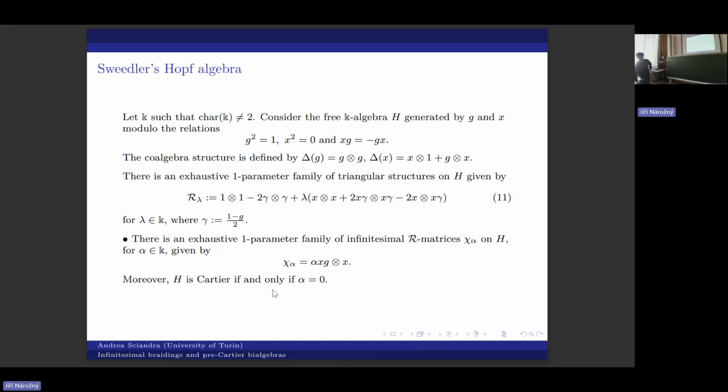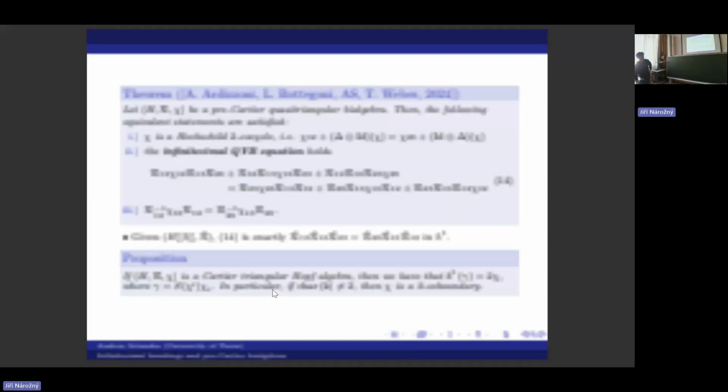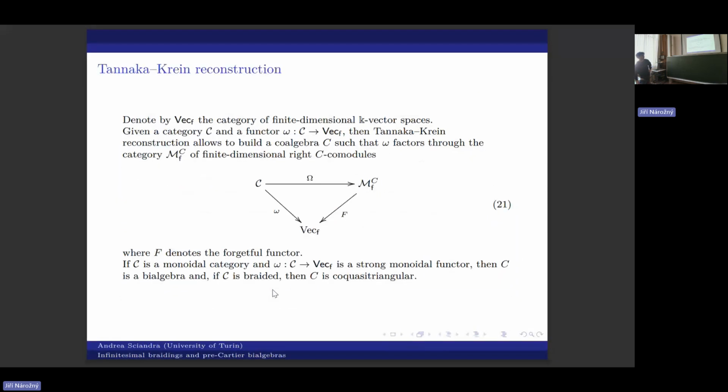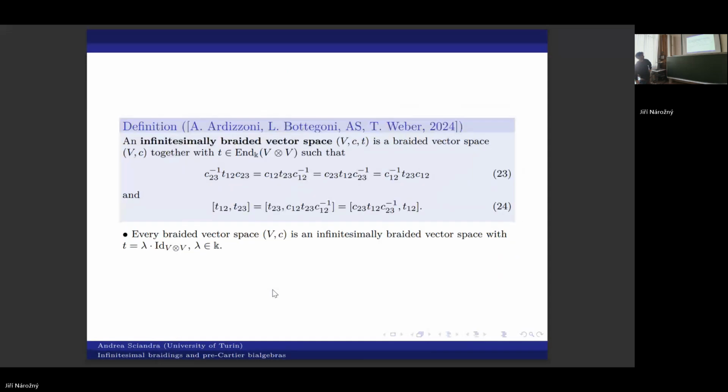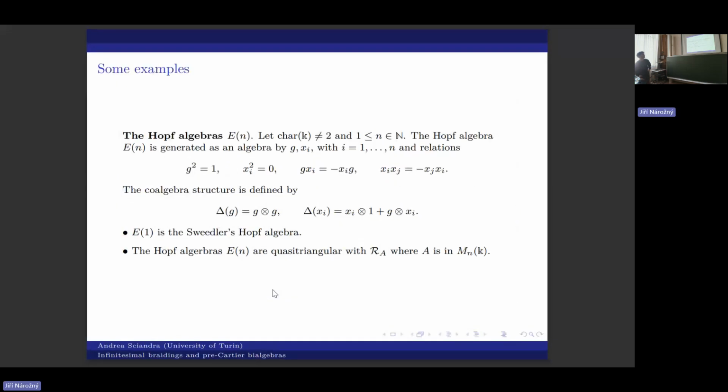Now we can consider a family that generalizes the Sweedler algebra, in fact the E_n algebras. So the E_n are generated as algebras by an element g and x_1 to x_n with these relations. Again, g squared is 1 and x_i squared is 0 for all i.